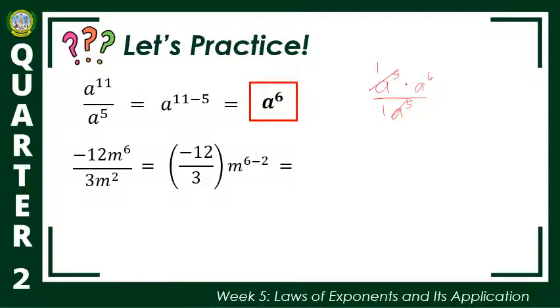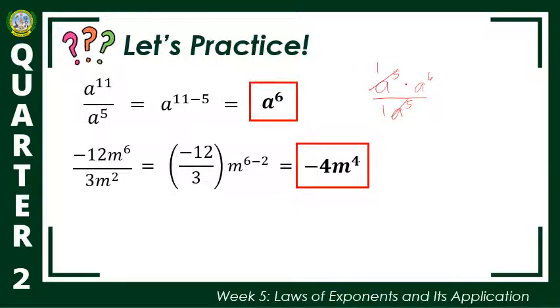So, simplify lang po natin, divide the 2. Negative 12 divided by 3 is negative 4, while 6 minus 2 is positive 4. Therefore, our answer is negative 4m raised to the 4th power.